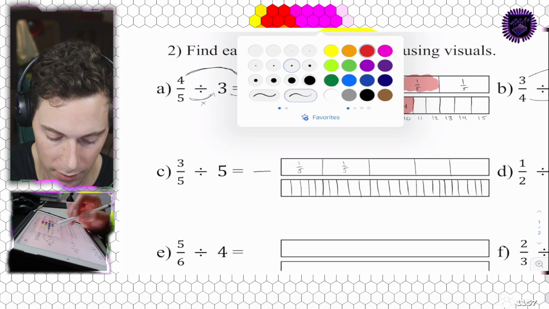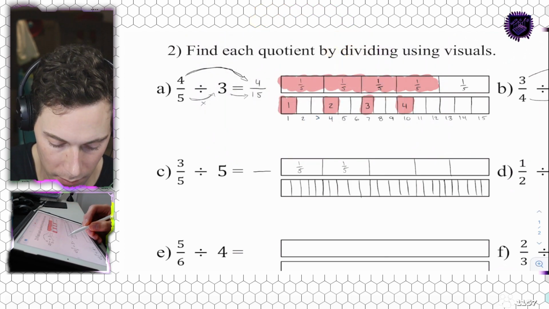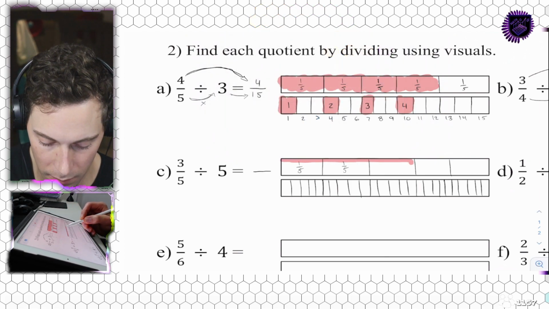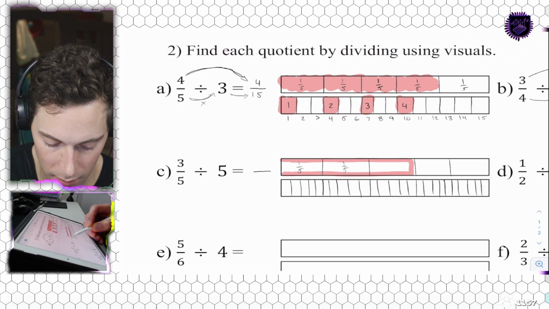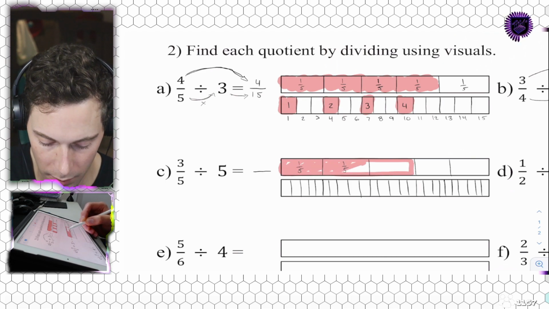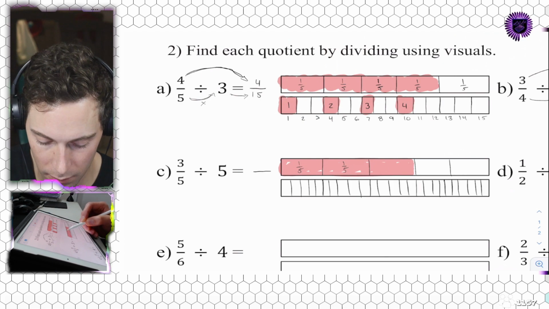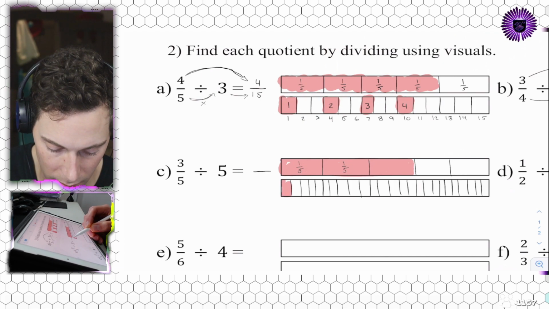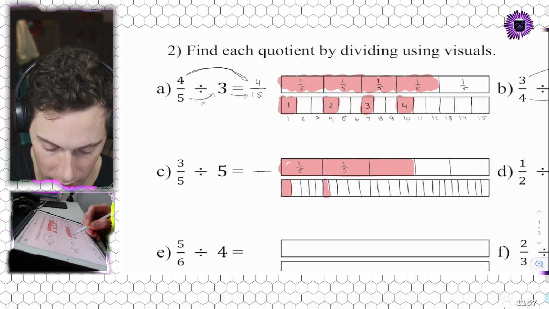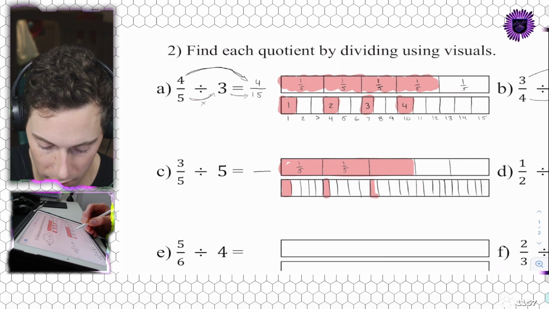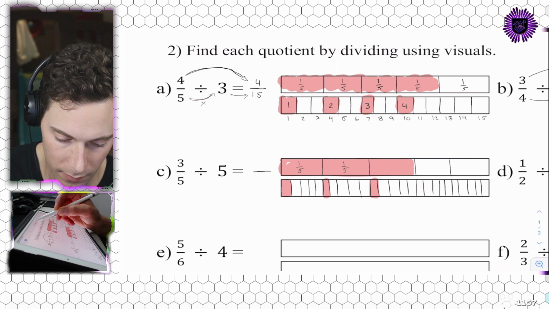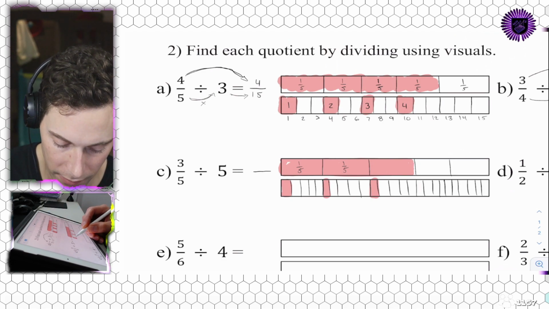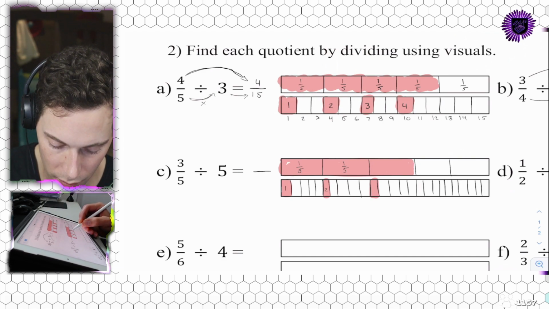Let's see, what do we have first? We have 3 of these. So for every one we have, we're going to take 1. So 1 is here. 1 is there. 1 is there. And we have 1, 2, 3.